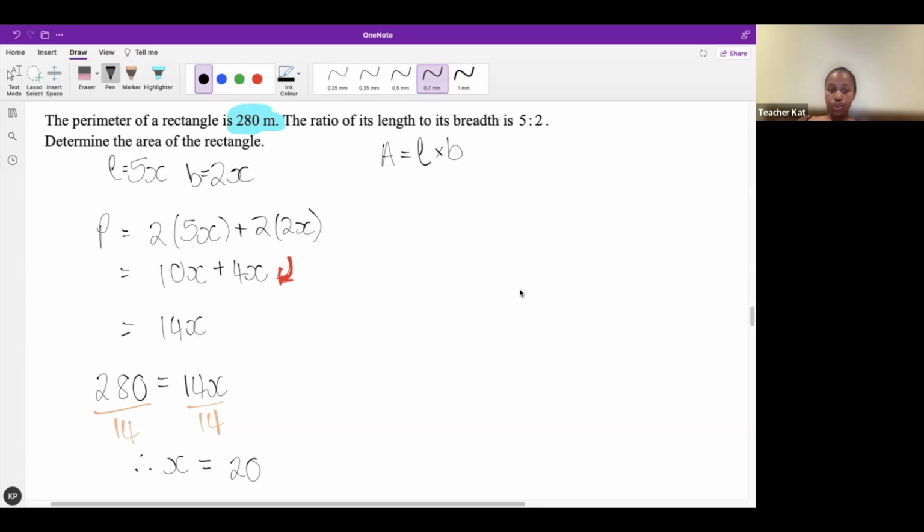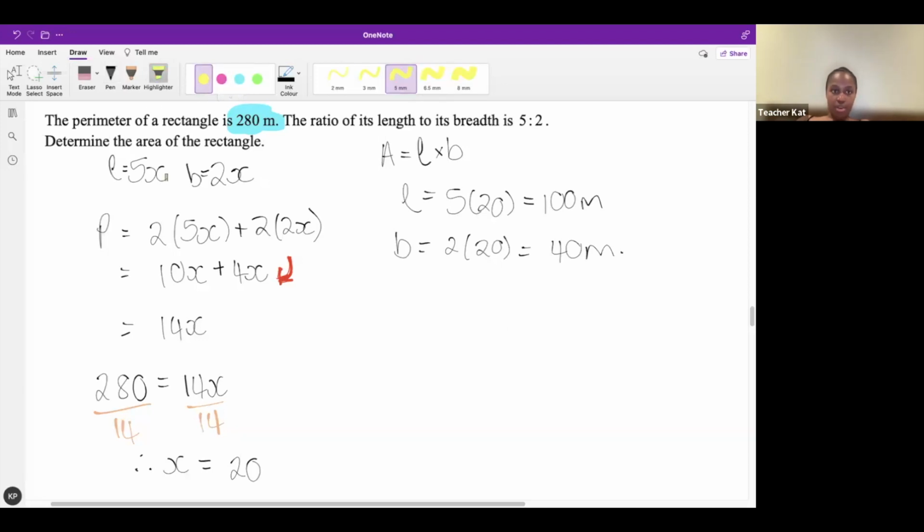That's true. So then my length equals 5 times x, which means it's 5 times 20. So how long is my length? 5 times 20, and that's going to give us 100. And my breadth was 2 times 20, which means my breadth is 40 meters.